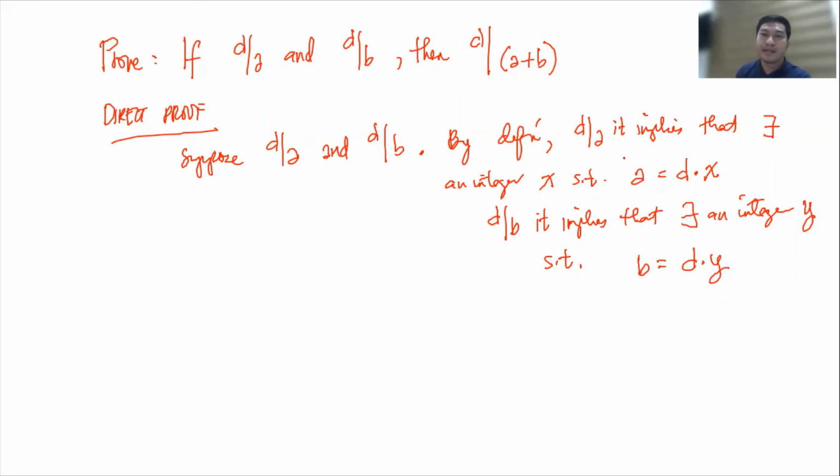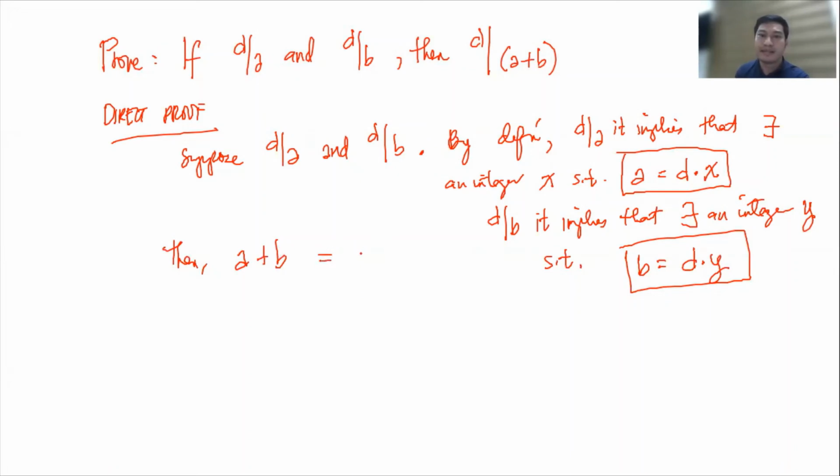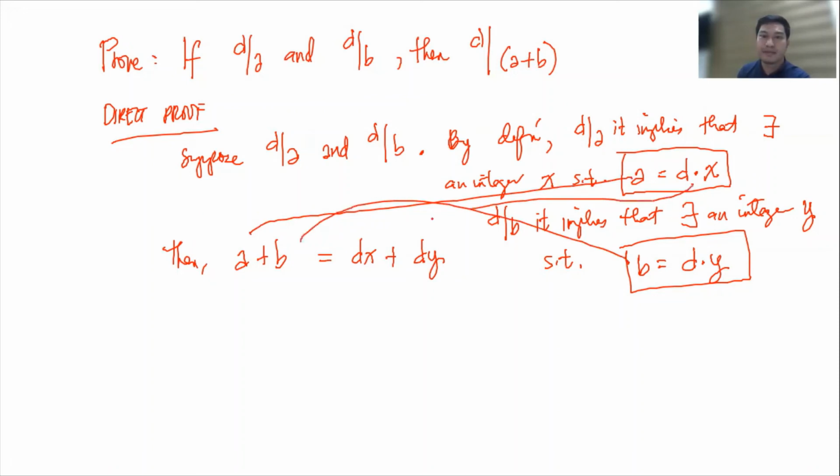So looking into that, we have this and we have this. Then, if we add A plus B, then we can say that dx plus dy, right? This one, A plus B. So you can have dx and dy.